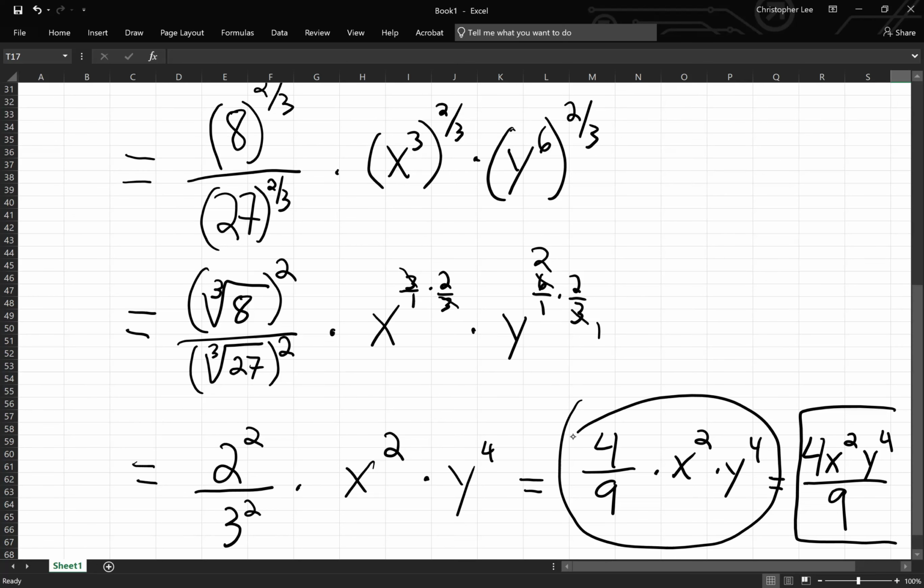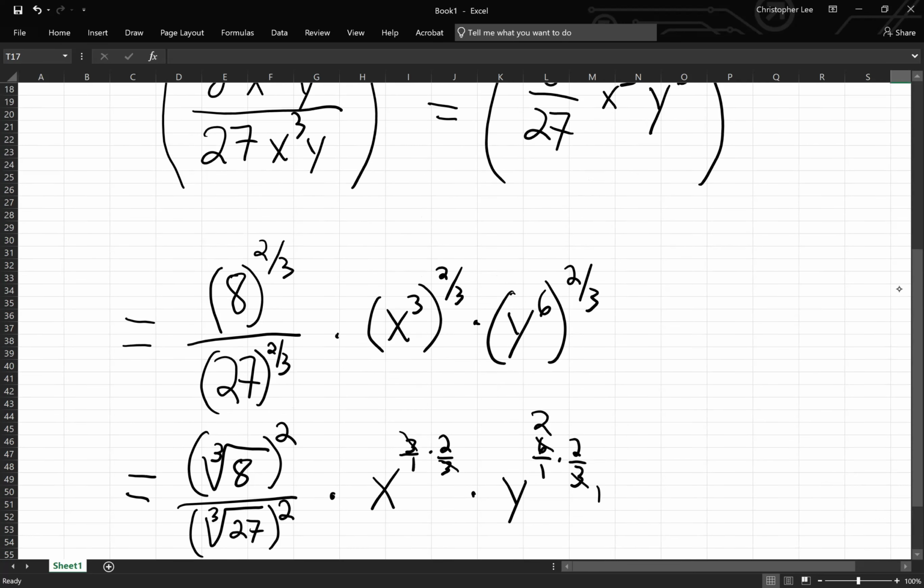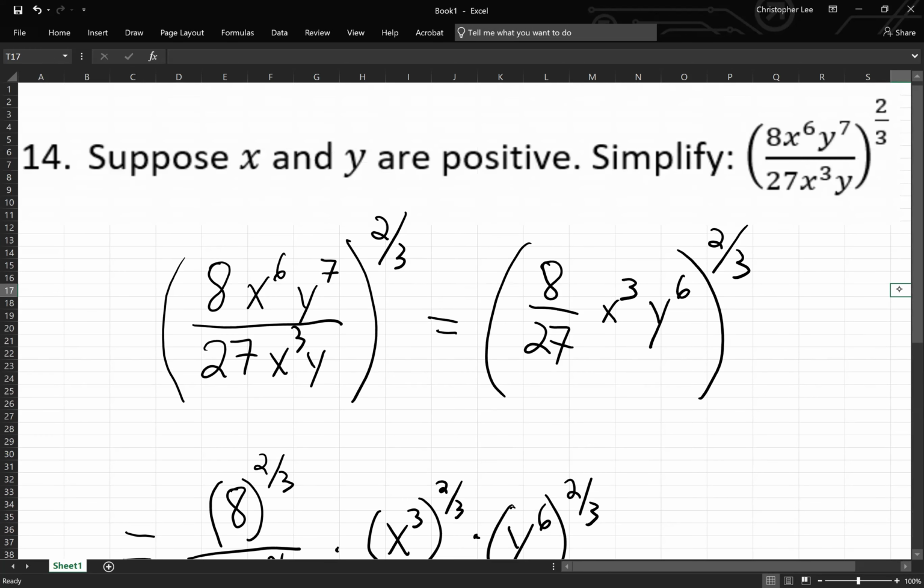Yes, because they're positive. If they were negative, then they would go down to the denominator and become positive. Right, that's one.